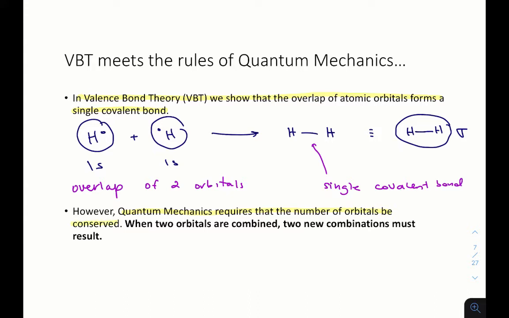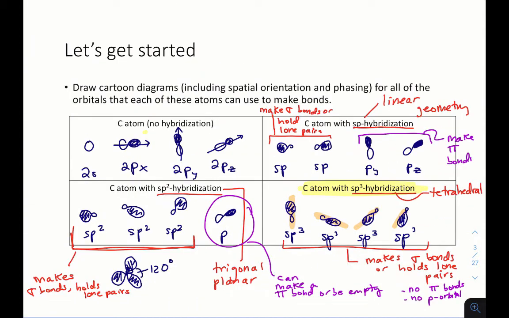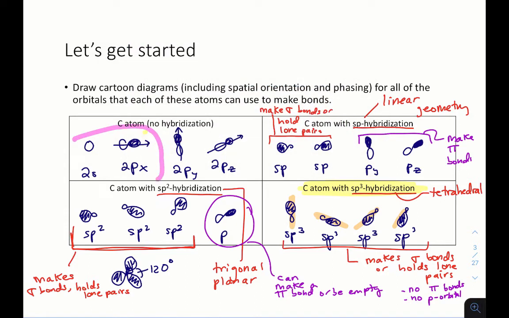You actually already know this. Recall hybridization. The slide's a bit messy now, but bear with me. When two orbitals, the s and one of the p orbitals, combine to make hybrid orbitals, I told you that two orbitals must be made. The number of orbitals is conserved.